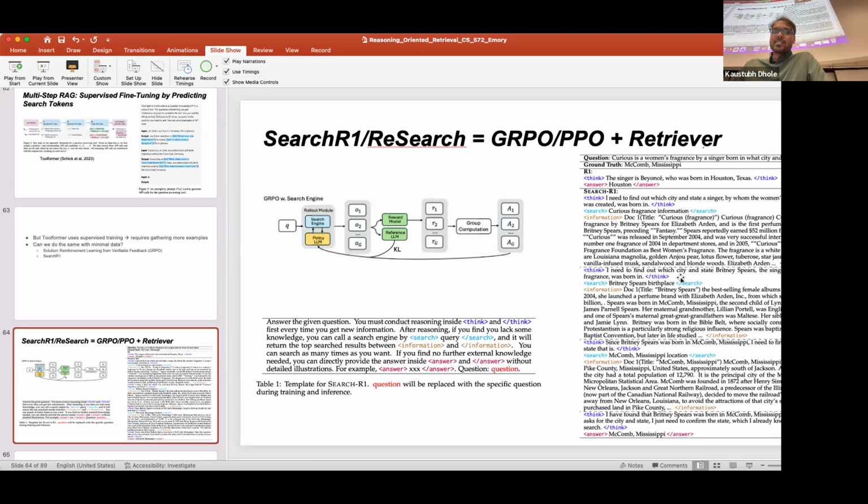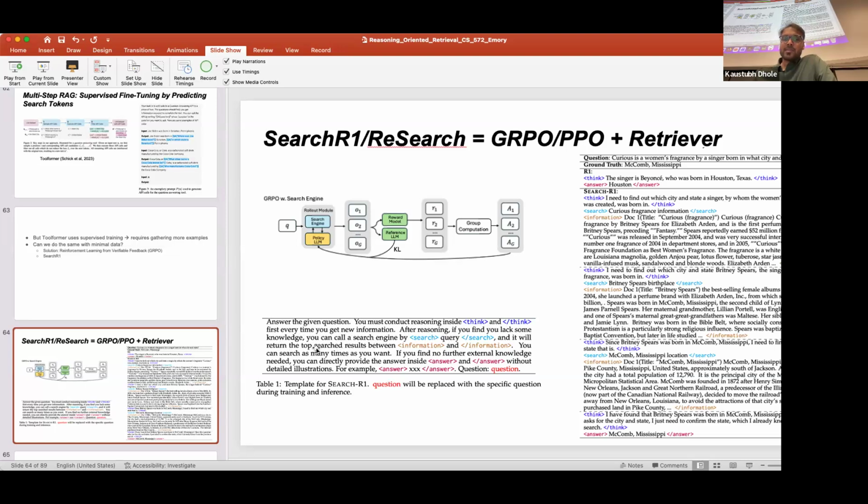And SearchR1 is not really super different. It is essentially like GRPO plus a retriever, to say that in a single sentence. So what they do is they have an initial prompt which basically tells the model, you must conduct reasoning inside think and close think first every time you get new information.